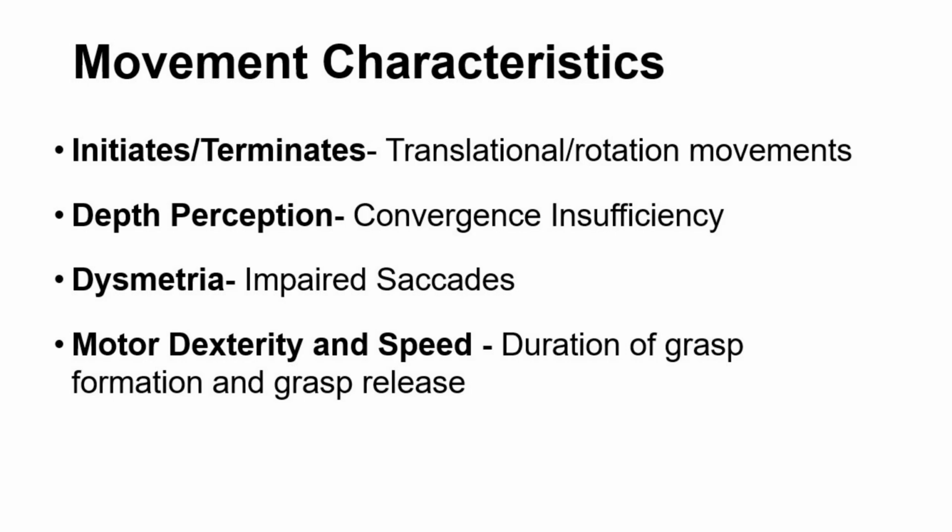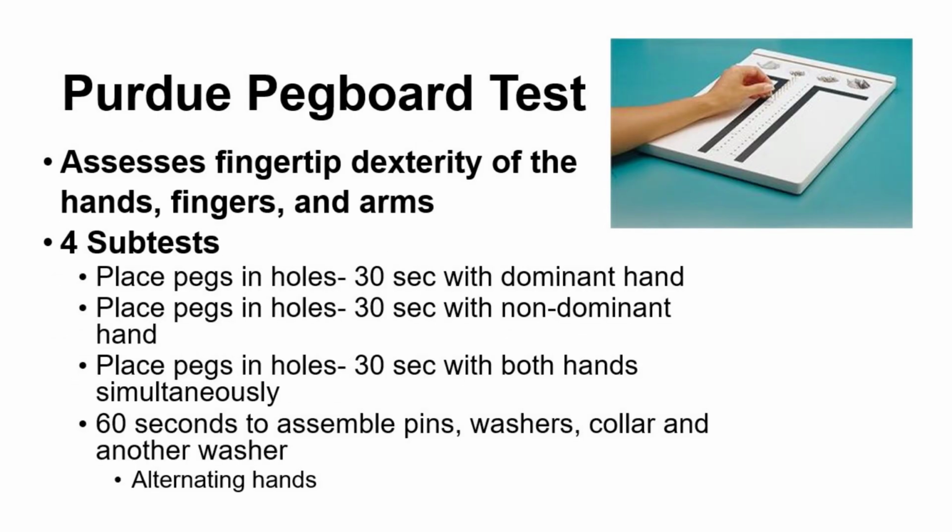Depth perception is their convergence insufficiency, dysmetria with impaired saccades, motor dexterity and speed, the duration of grasp formation and grasp release.